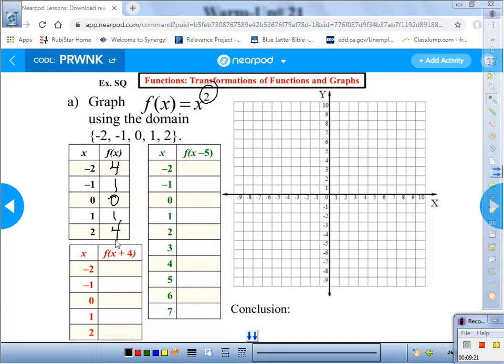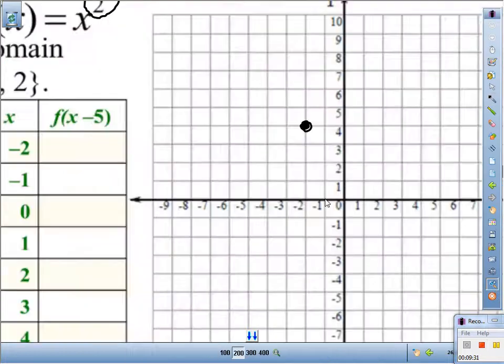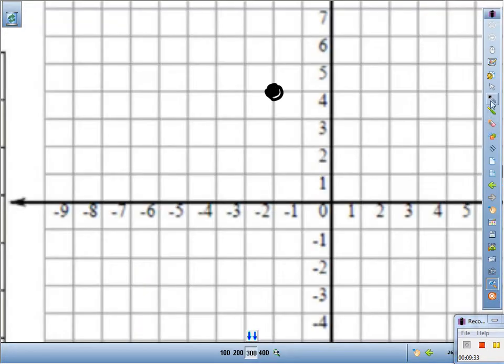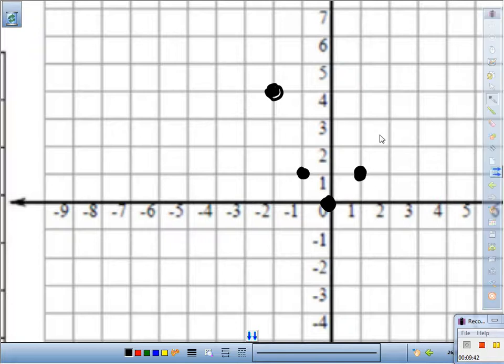And 2 squared is 4. Let's plot those. So we get negative 2, 4, which is right there. Let me zoom in so you can see it. Negative 1, 1. 0, 0, 1, 1, and 2, 4.